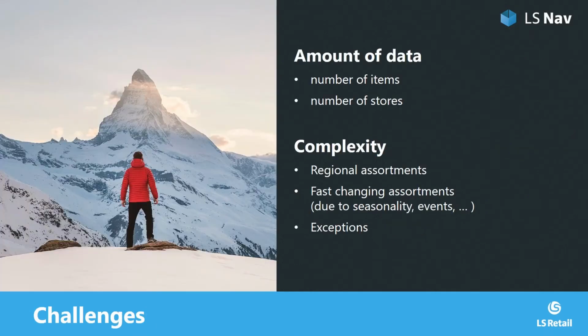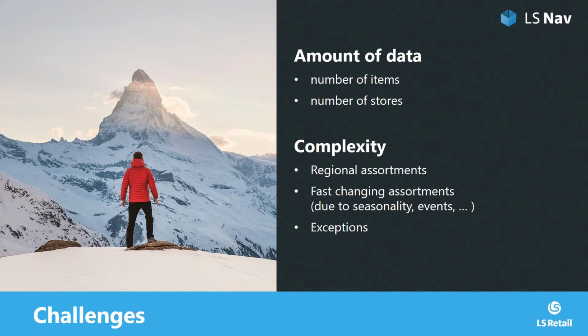When we work with assortments, we can face a couple of challenges. First, the amount of data, which is defined by the number of items and the number of stores. I supported a partner in an implementation project for a car spare parts dealer some time ago. This company had more than 15,000 active items in their stores. Imagine this number.